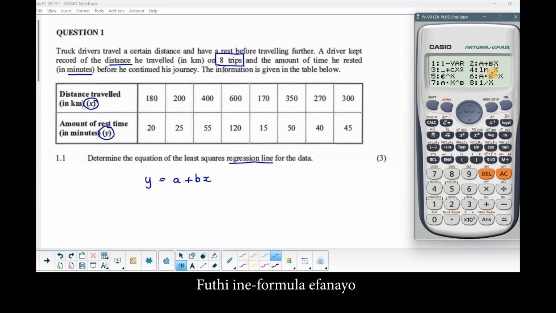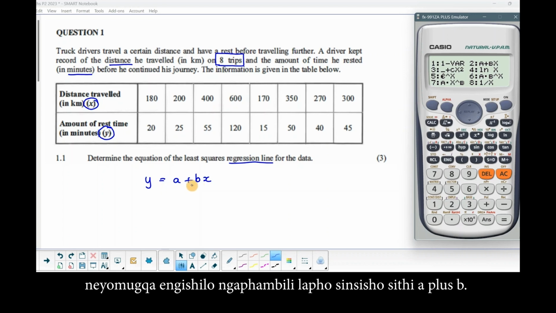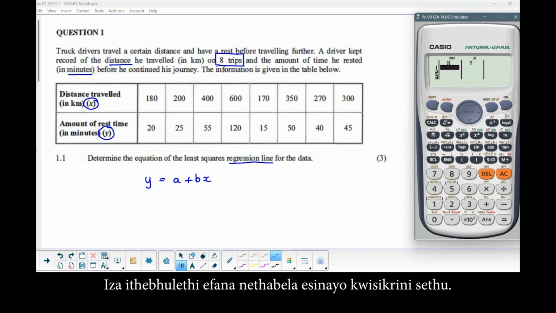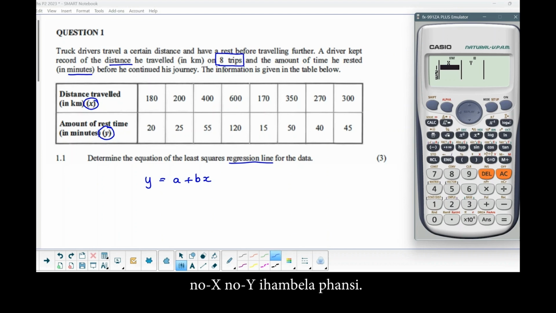The other clue is that it has the same format as the equation, A plus BX. So I'm choosing option 2. A table comes up just like the table that we have on our screen. This time it's a vertical table, so it'll go from top to bottom rather than left to right.